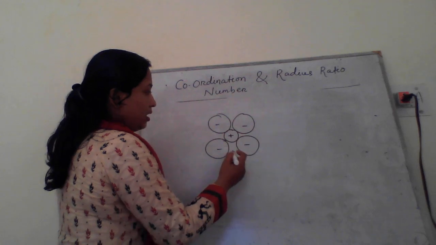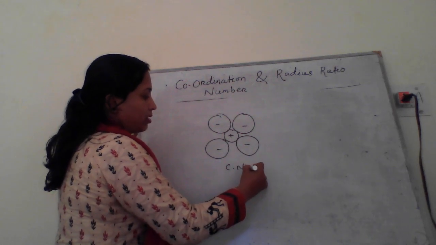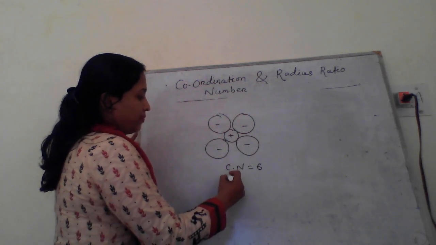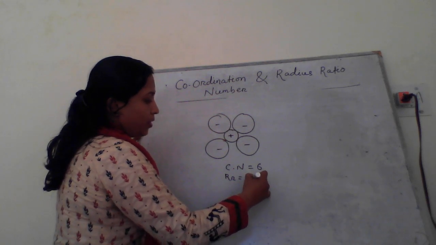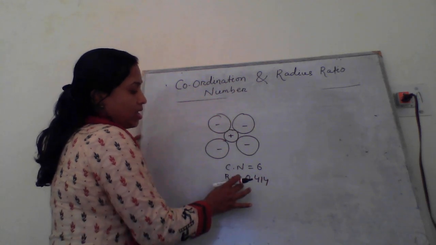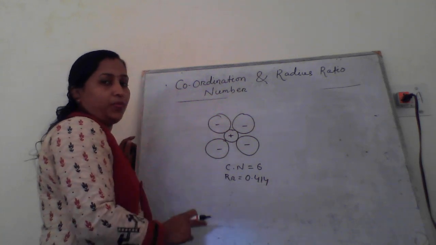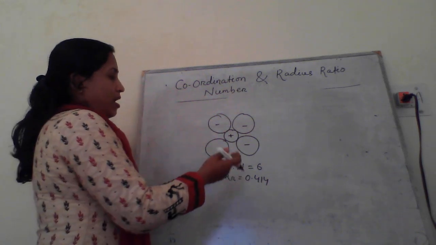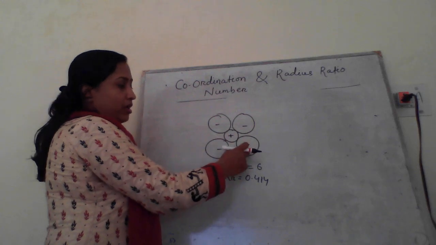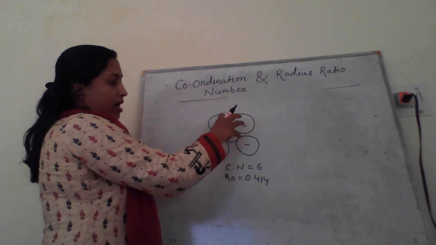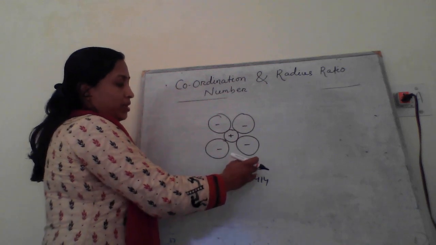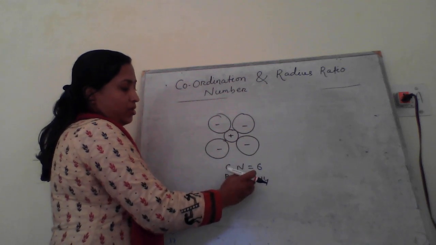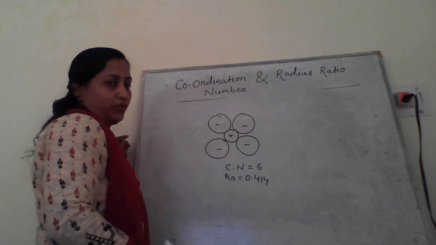So if the coordination number is 6, then the radius ratio is 0.414, with four anions around, one atom at the top and one at the bottom.